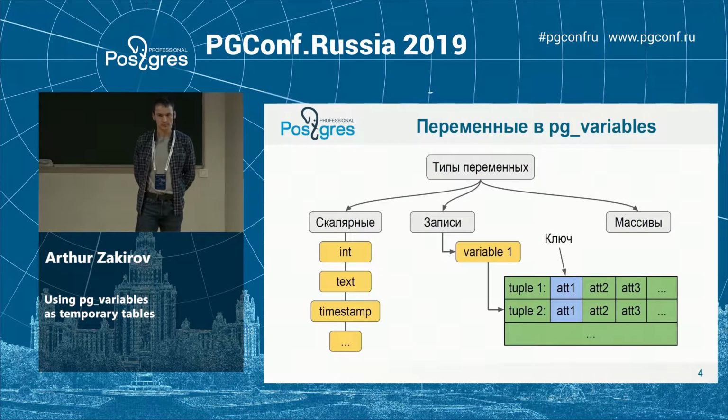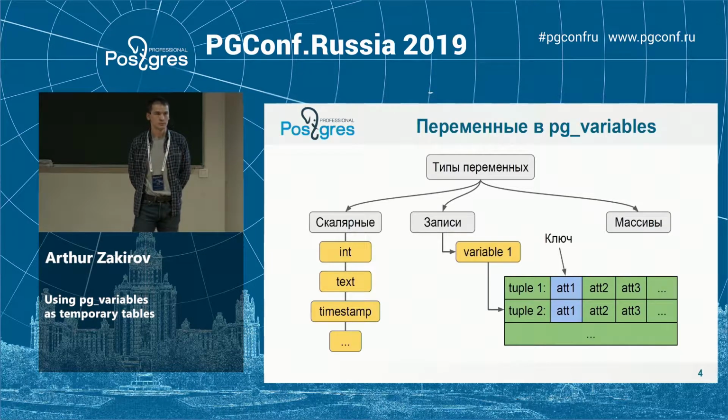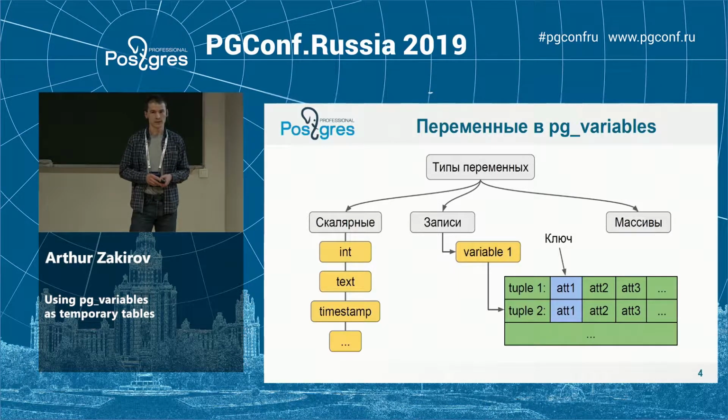You may also create different types of variables. There are scalars and arrays. They are supported for many different Postgres types, and you may also save records in variables. Therefore, you can create a simple table, and the records can be added one by one or as a whole, but the main thing is that attributes should be the same, the description should be the same, and the order also.